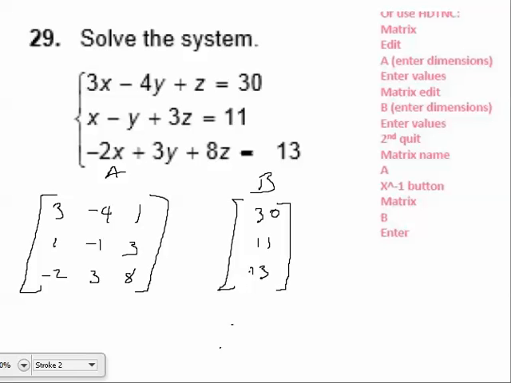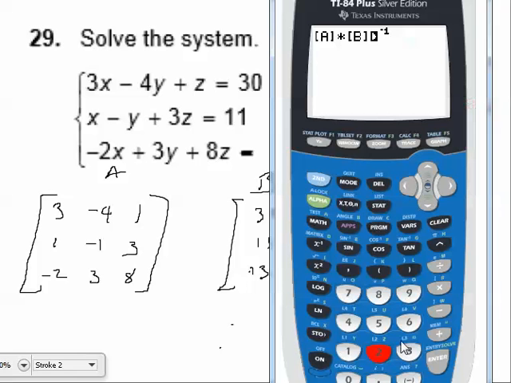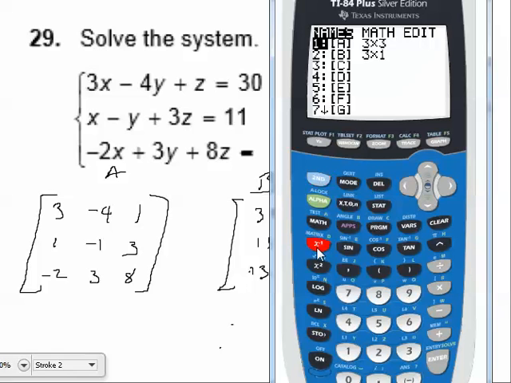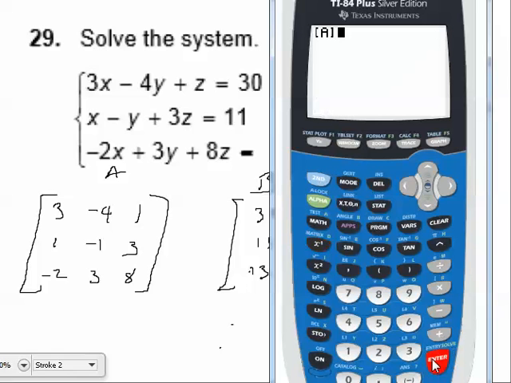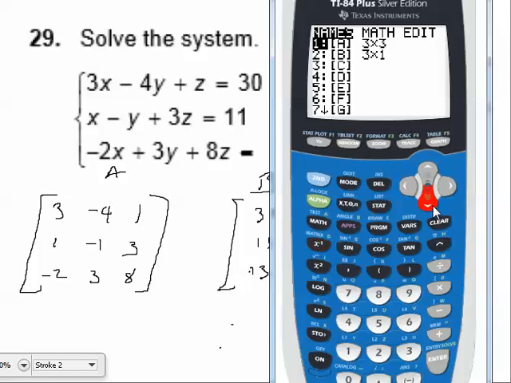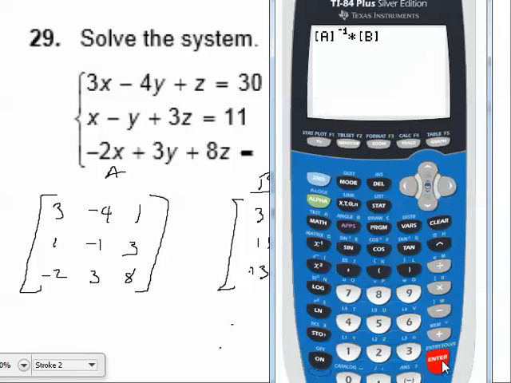Oops, the other way around. Clear. So, second matrix A, and I want to take the inverse of it times second matrix, I want B, and I hit enter, and it gives me those values right there.